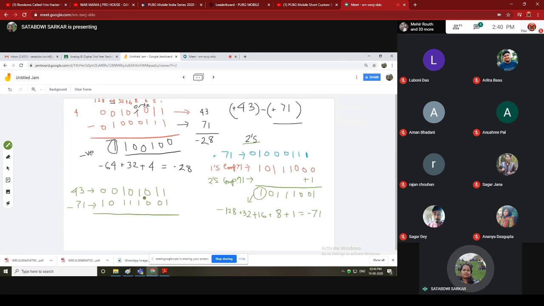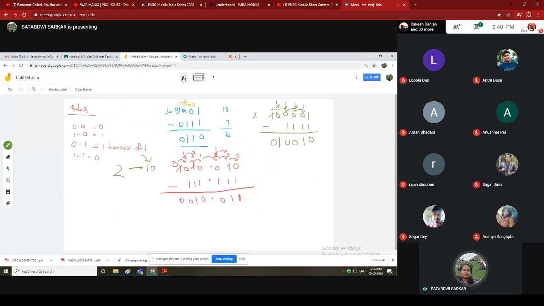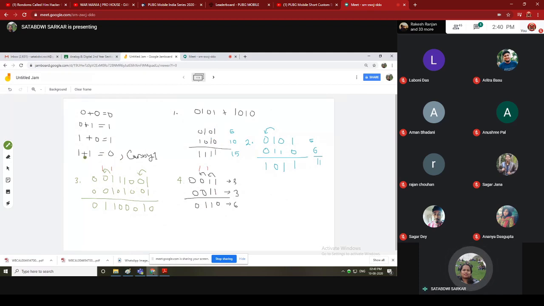So now what is the result? This is simple addition. 1 plus 1 is 0. See the rules of addition: 1 plus 1 is 0 and carry is 1.